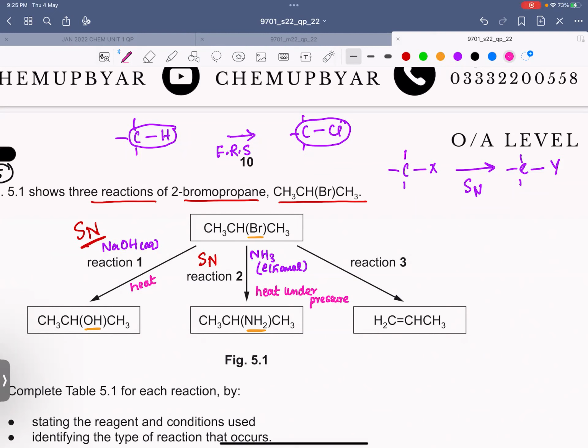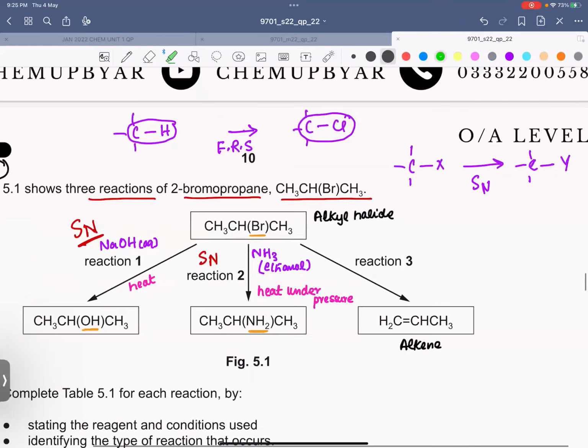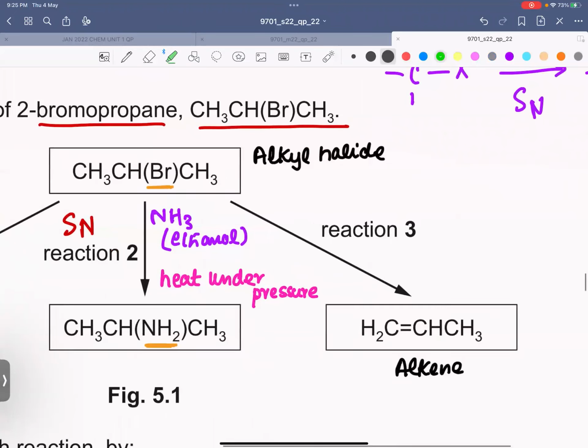Now, in reaction 3, what you are observing is that this is an alkyl halide or a halogenoalkane, right? And that alkyl halide is actually turning into an alkene. If you look closely, you are going to find that there is this bromine atom over here, and there are 3 hydrogens over here.